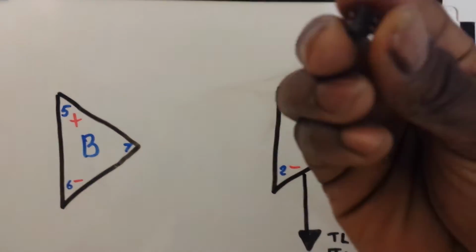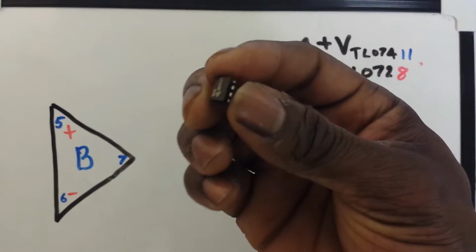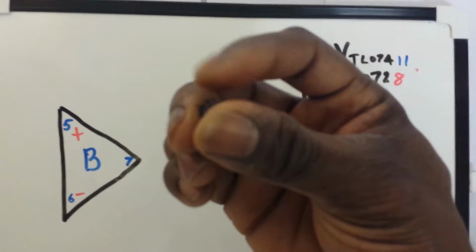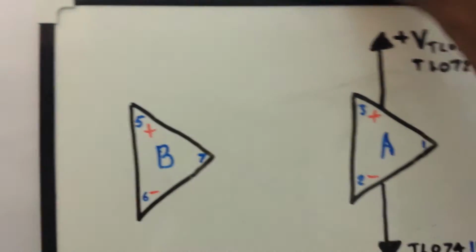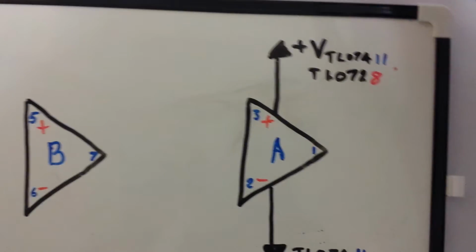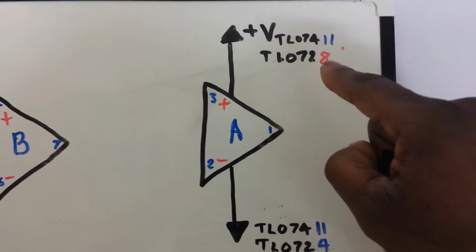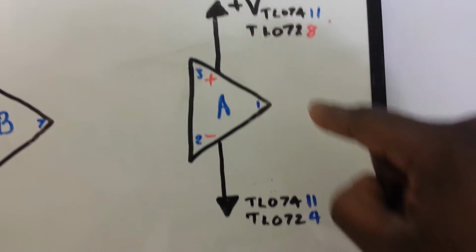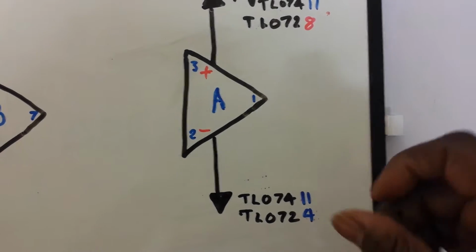If you're using the dual op amp, which would be a TL072, your power pins will be pin 8 to the plus voltage, pin 4 to the minus voltage.